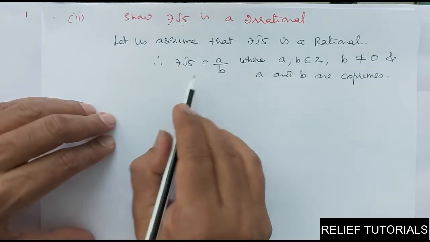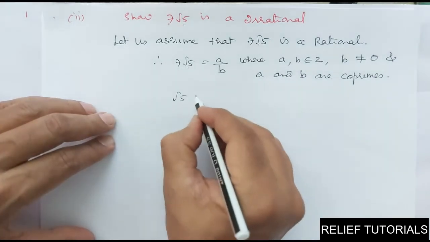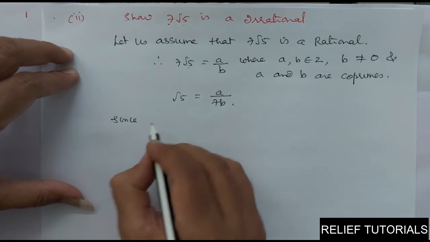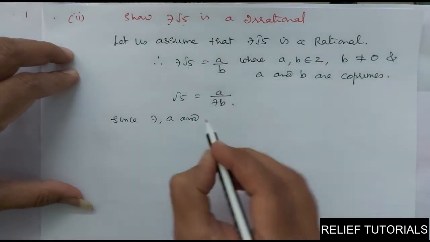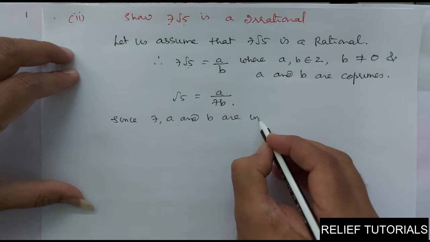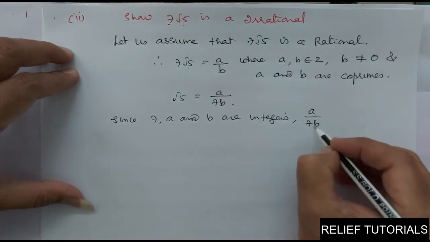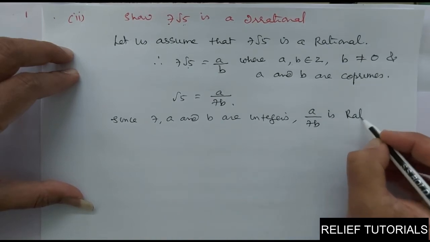Now here which is irrational? Root 5. So you write root 5 is equals to a upon 7b. Now since 7, a and b are integers, a upon 7b is rational.